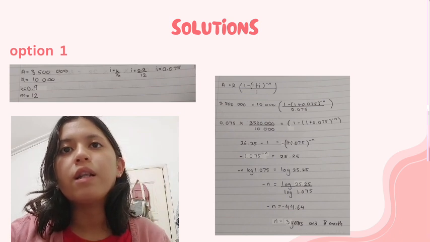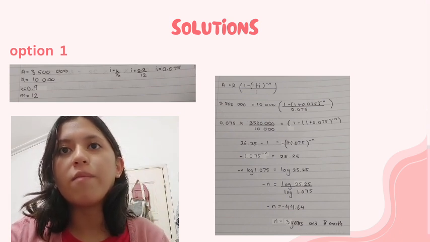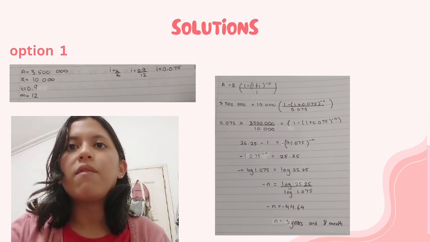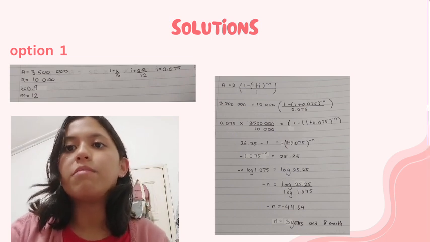26.25. Now, we have to bring 1 from the other side. When you bring a positive to the other side, it becomes negative.